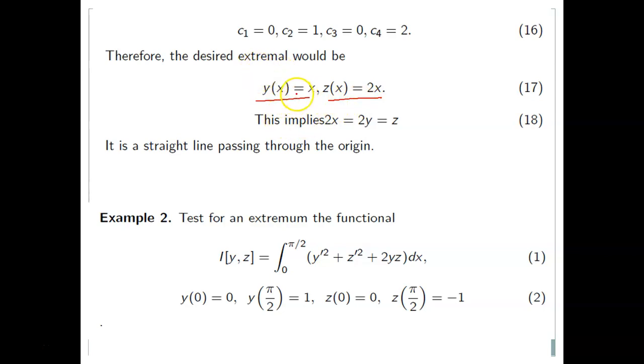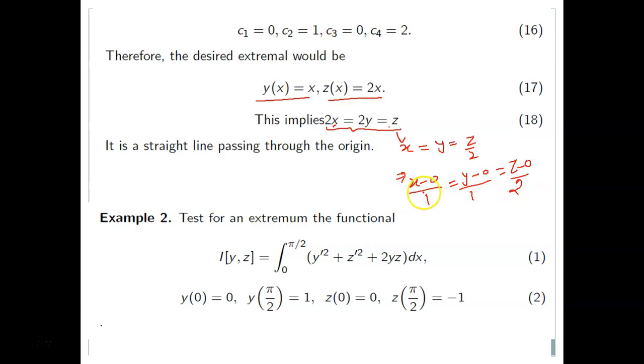Now from these extremals, you know y is x and z equal to 2x. That means you can write 2x equal to 2y equal to z. Because of these two, the relation is this. And you can see from the knowledge of geometry that if we divide it by 2, then x equal to y equal to z by 2, and this is the form x minus 0 by 1, y minus 0 by 1, and z minus 0 by 2.